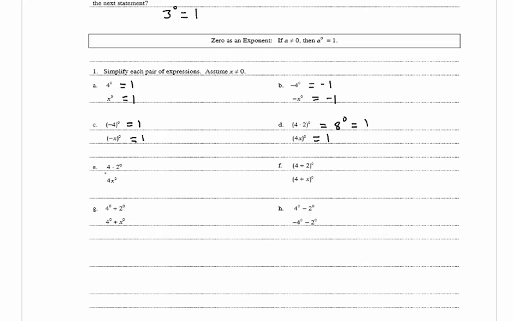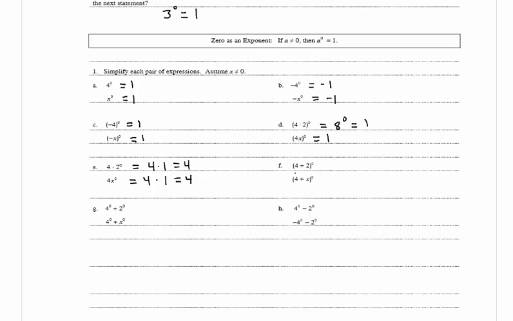In E, we have 4 times 2 to the 0, which is equal to 4 times 1, and that's equal to 4. With 4 times x to the 0, we have 4 times, and x to the 0 is equal to 1. So this is equal to 4.